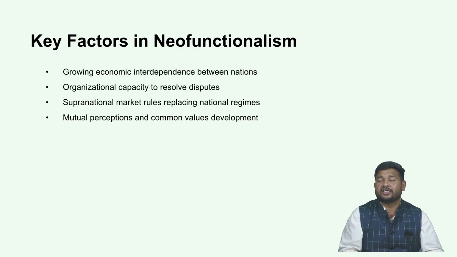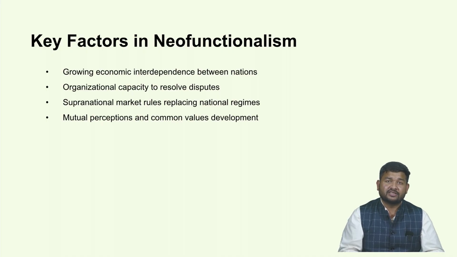Examples of such organizations include the European Union in Europe, the Association of Southeast Asian Nations (ASEAN) in Southeast Asia, the African Union (AU) in Africa, the Economic Community of West African States (ECOWAS), and the Organization of American States (OAS).